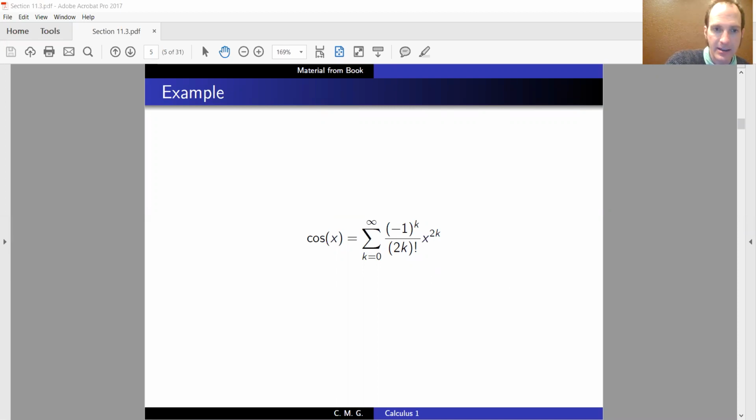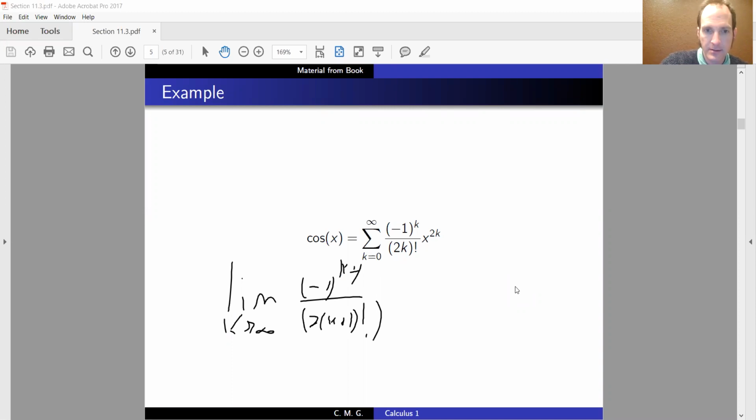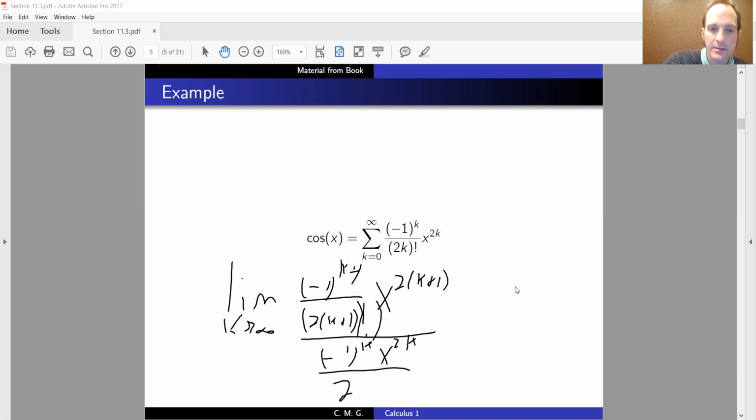So I take the limit as k goes to infinity of -1 to the k plus 1 over 2k plus 1 factorial x to the 2k plus 1, divided by -1 to the k x to the 2k over 2k factorial. Okay, and the absolute value just takes care of that -1, so we're done with that.